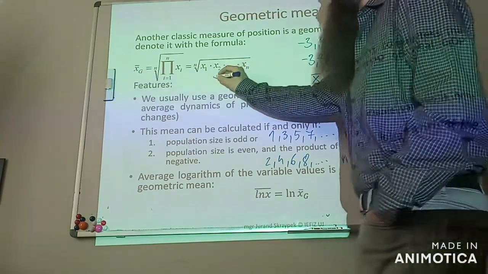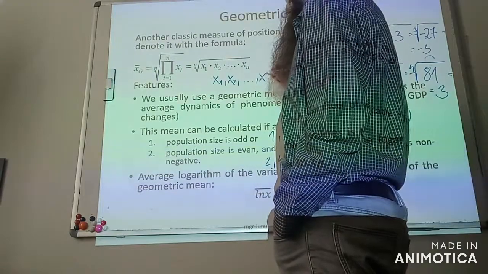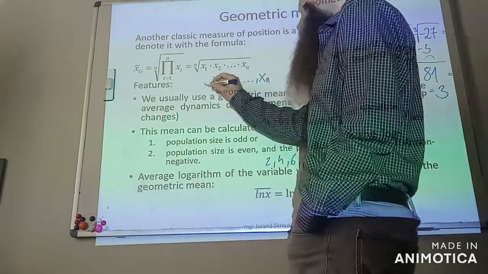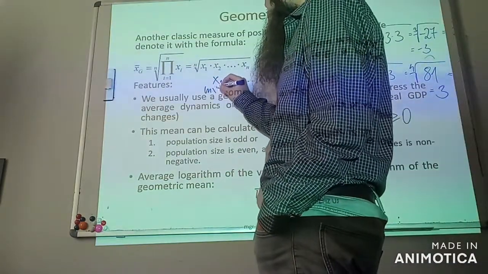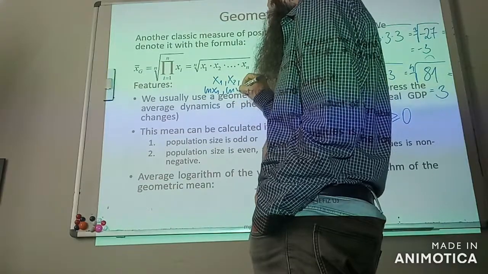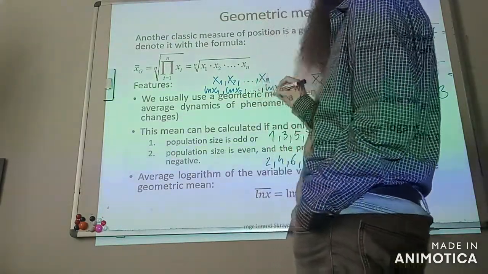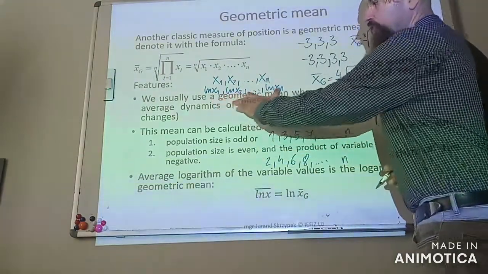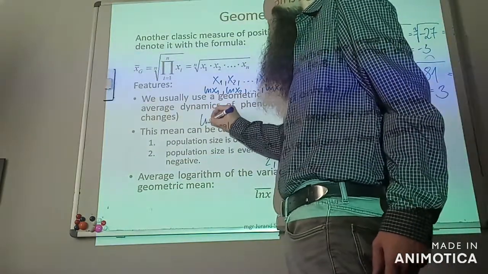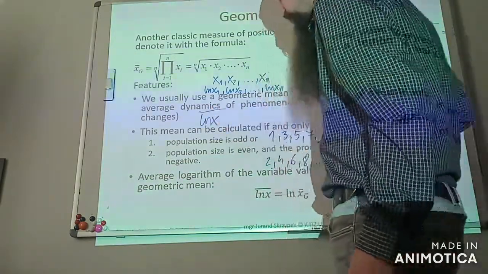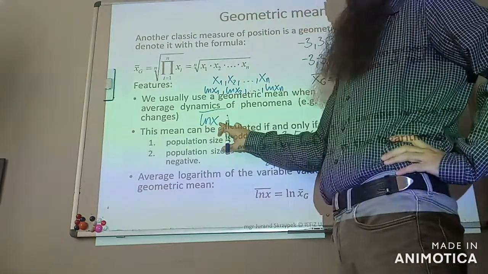Here we have x1, x2, and so on up to xn, and we compute a logarithm of these values: logarithm of x1, logarithm of x2, and so on, logarithm of xn, and we can compute an average logarithm, which can be denoted by this symbol.